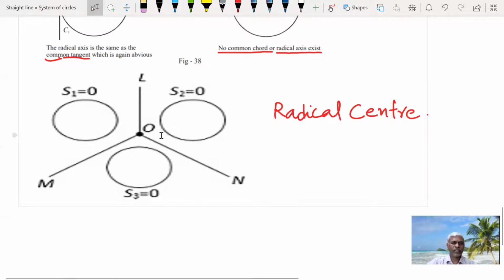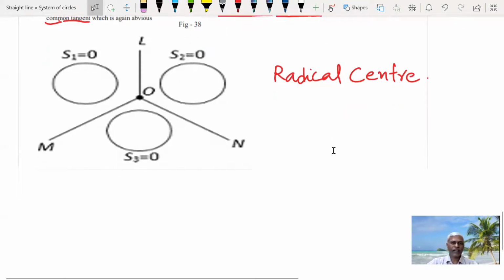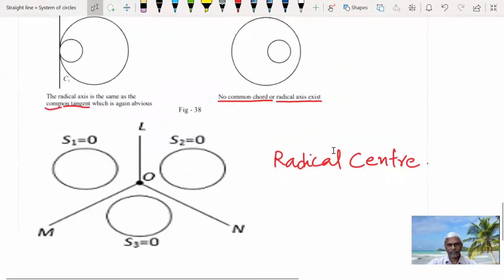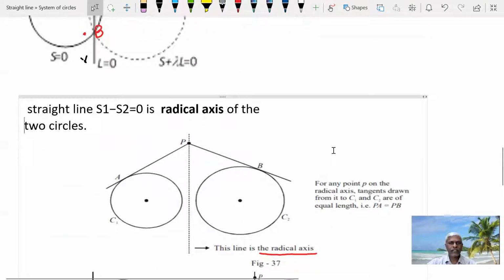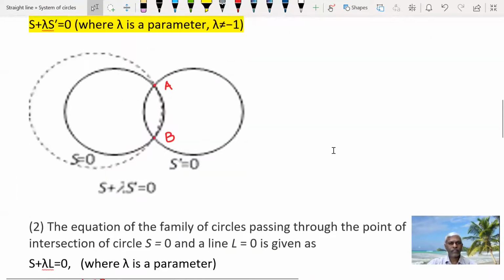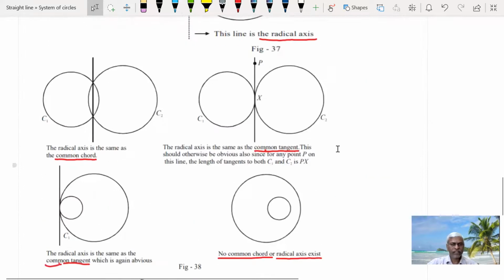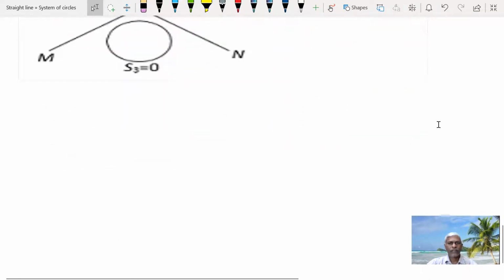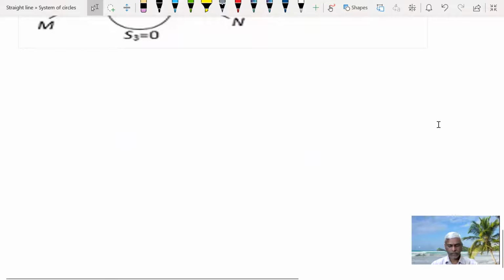You can look at this figure. O is the radical center. So with these concepts, with this information, let us try to solve some problems from the exercise.